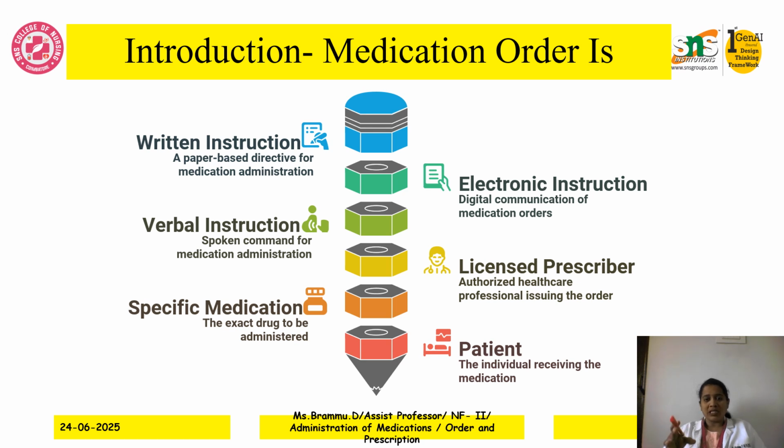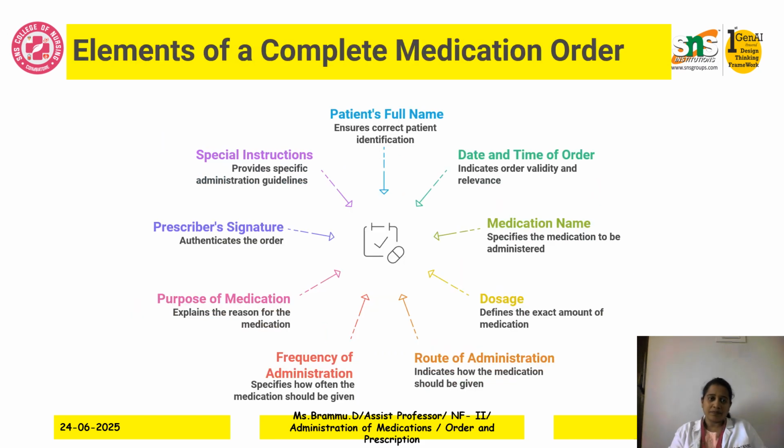In short, a medication order is a written, electronic or verbal instruction by a licensed prescriber, focused on the specific medication we give, only for the patient's recovery or prevention of illness.